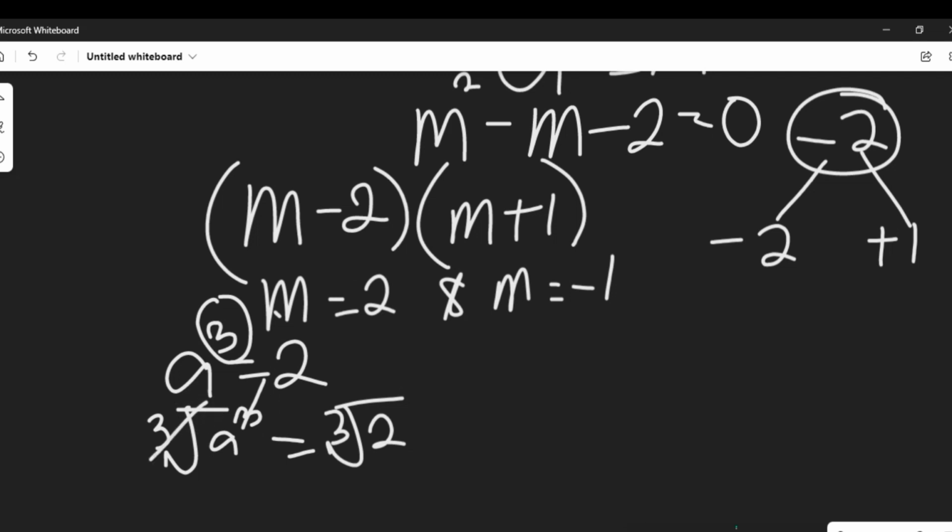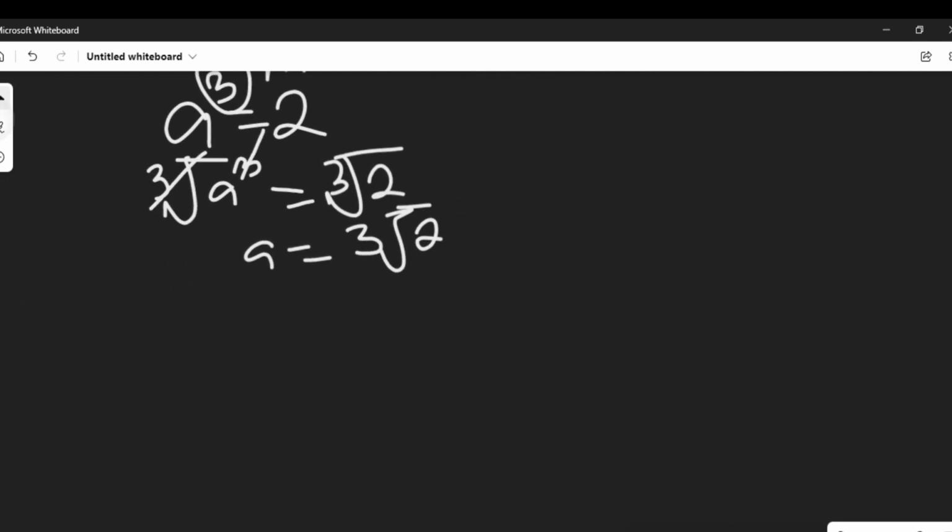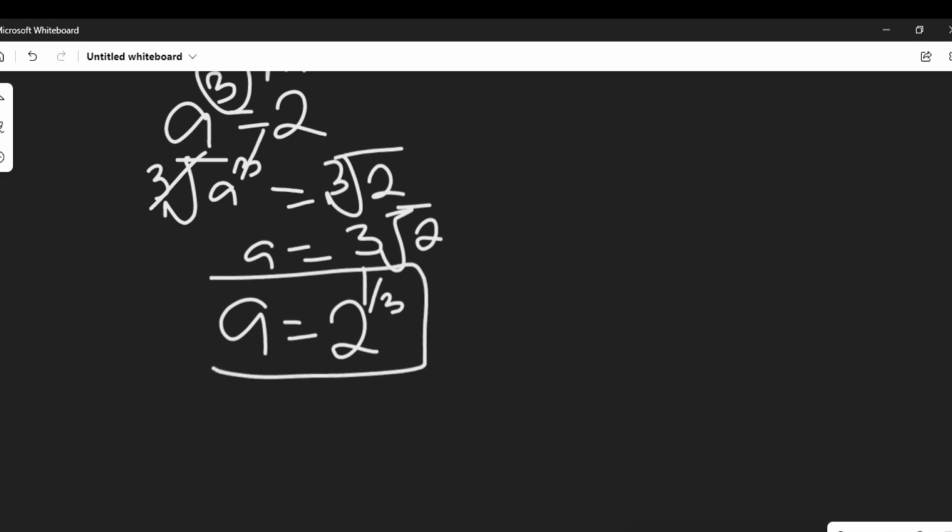So this will clear this, and then we'll have a equal to the cube root of 2. If we simplify that, a will be equal to 2 raised to power 1 over 3, and this is the first value we'll get for a.